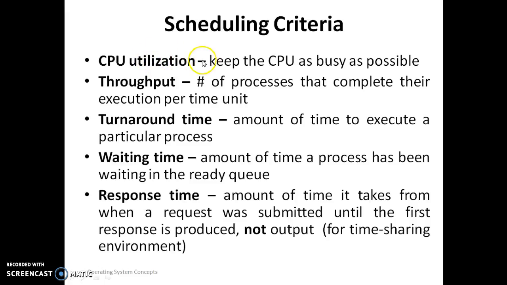First of all, CPU utilization. That means we try to keep our CPU as busy as we can. Keeping my CPU idle is not a feasible solution for process scheduling. Next is throughput. Throughput means the number of processes that complete their execution per unit time.